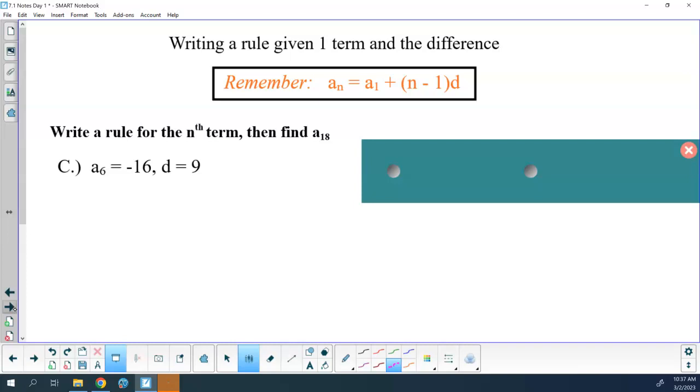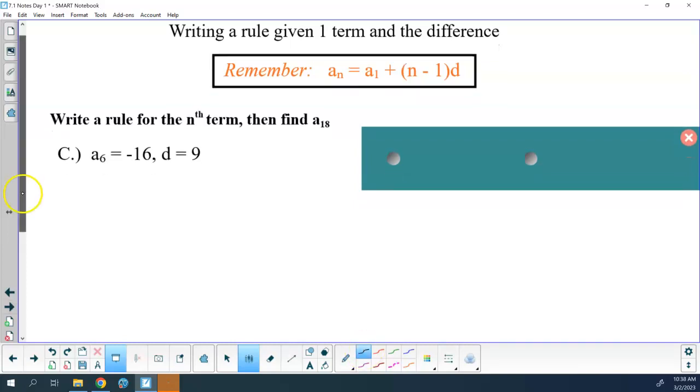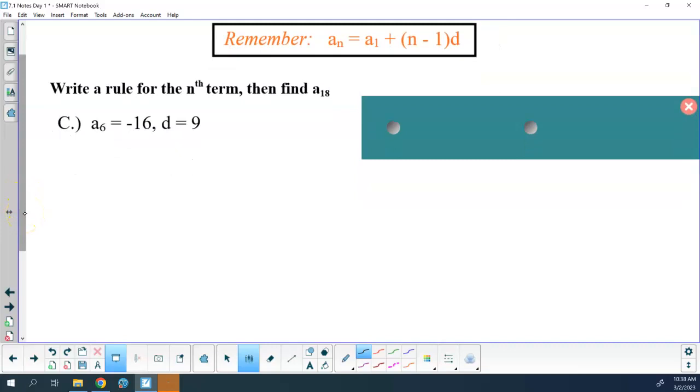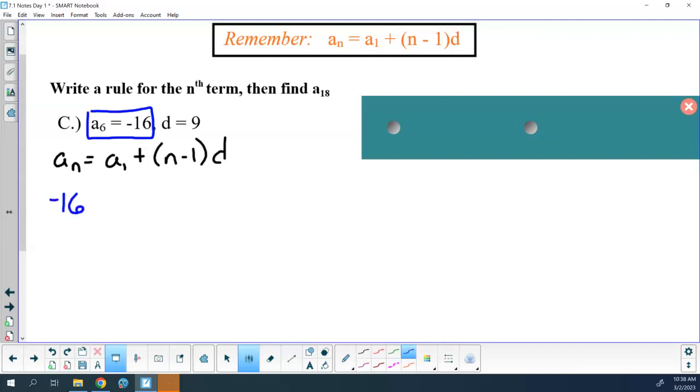So again, if I start this one by remembering my rule, the generalization of my rule, a sub n is going to be a sub 1 plus n minus 1 times d, I know that this is the sixth term in there. So I can make that be my a sub n.